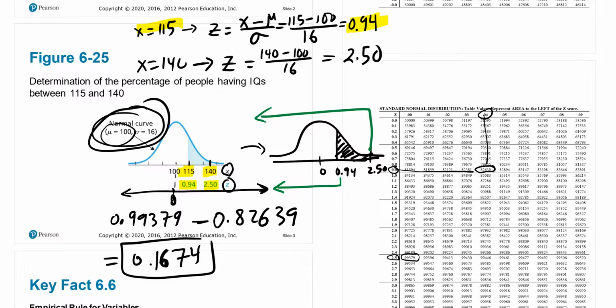We need the z value where the area is 0.90. I see 0.8997 and 0.9015. What you can do, if you like, is subtract them. So on the side, I'm going to do 0.90 minus the first number, 0.89973, and let's see what that gives us.